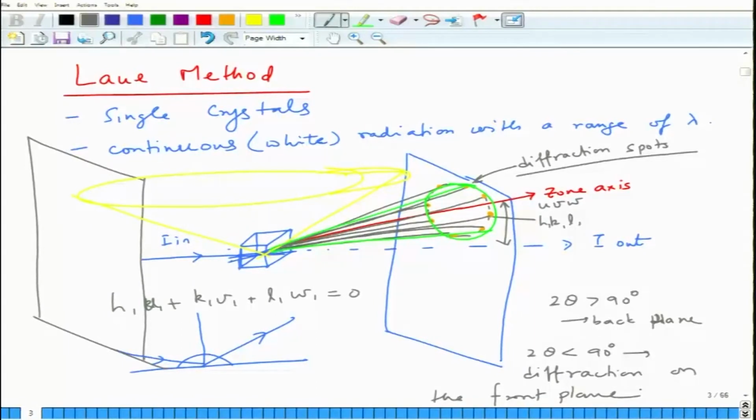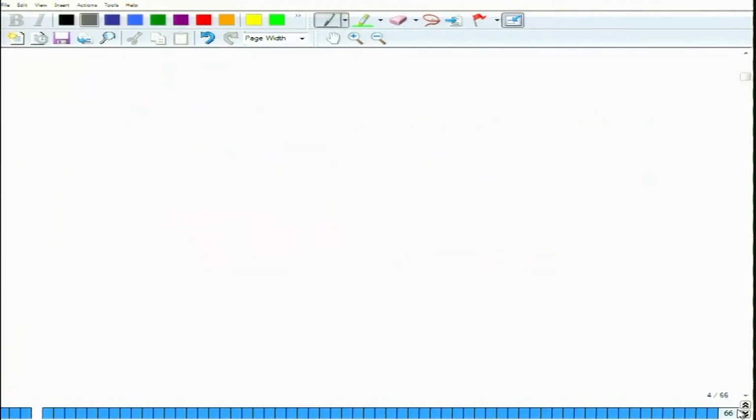So this is the Laue method, which is typically used for applications like determining basically crystal orientation.